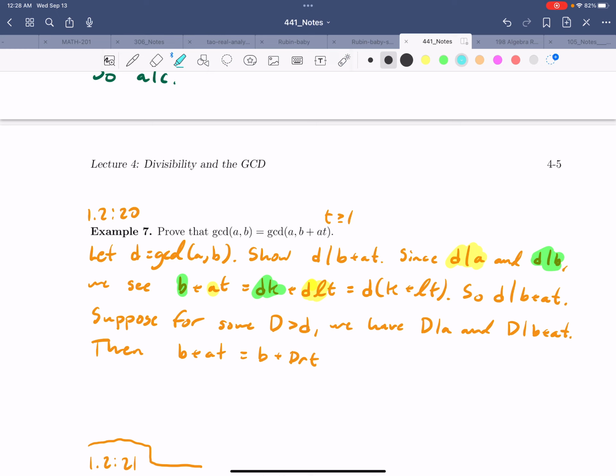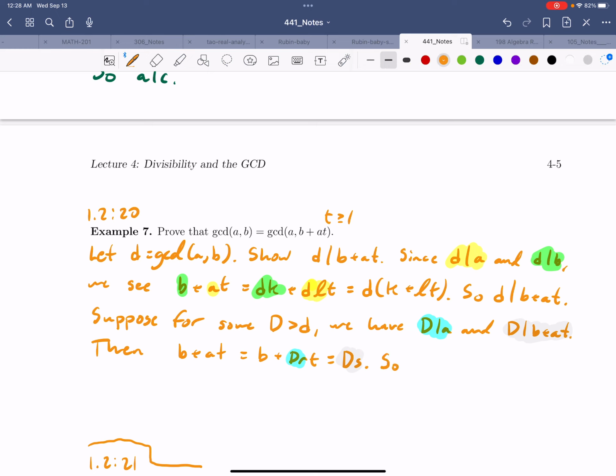We're getting it from the fact that big D divides A. But then on the other hand, big D divides B plus AT, so this whole thing itself equals D times S.